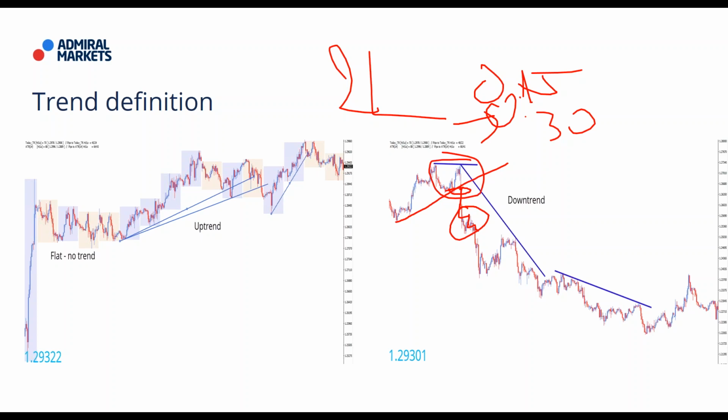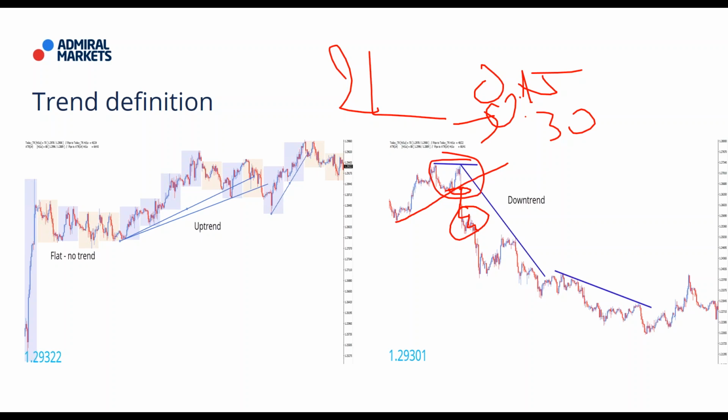So when you see big Marubozu candles breaking through trend lines, you can expect a probable continuation of the price. What is the trend principle, guys? Simply a series of higher lows and higher highs for an uptrend, and lower highs and lower lows for a downtrend.